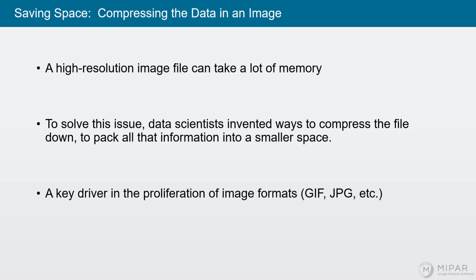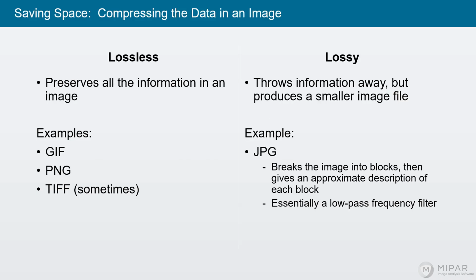And a lot of image formats have been developed specifically with this in mind. GIF, JPEG, PNG, all these different formats are designed around compression and also the color space that they are capable of holding. There are 2 types of image compression, lossless and lossy.